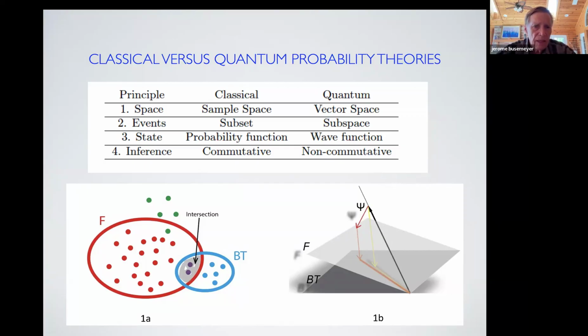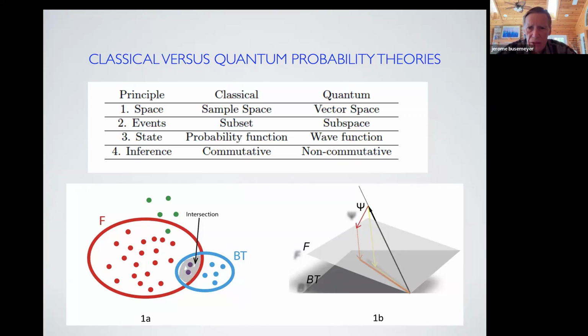Also, you have commutativity: feminist and bank teller has to be the same as bank teller and feminist, because that's the intersection. And you also have distributivity: the event bank teller should be the event bank teller and feminist, or bank teller and not feminist. So you have all these Boolean axioms involved when you define events as subsets.